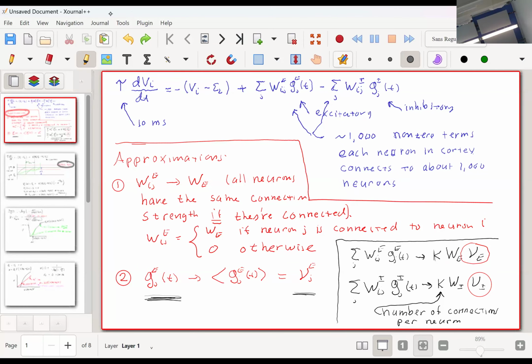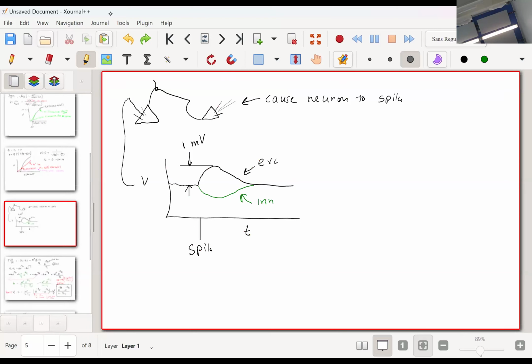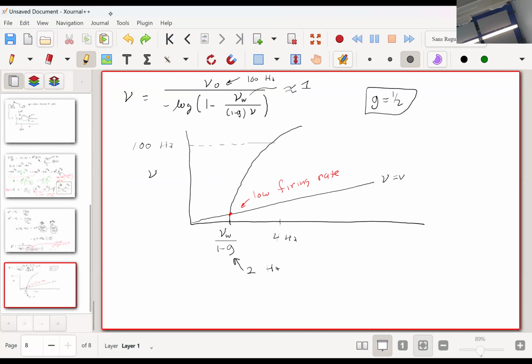Then we did some math, and we basically used the fact that when people do experiments, the PSP, or membrane potential change when there's a single spike, is about 1 millivolt. What we got is that firing rate is a function of firing rate. The equilibrium is at very low rate, and this curve goes up very steeply. In some sense, because each neuron in the brain makes 1,000 connections and the PSP is about 1 millivolt, neurons are very strongly coupled.